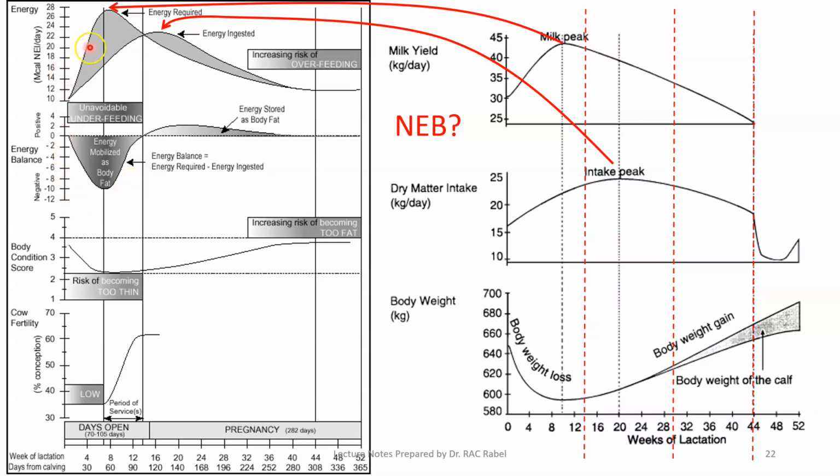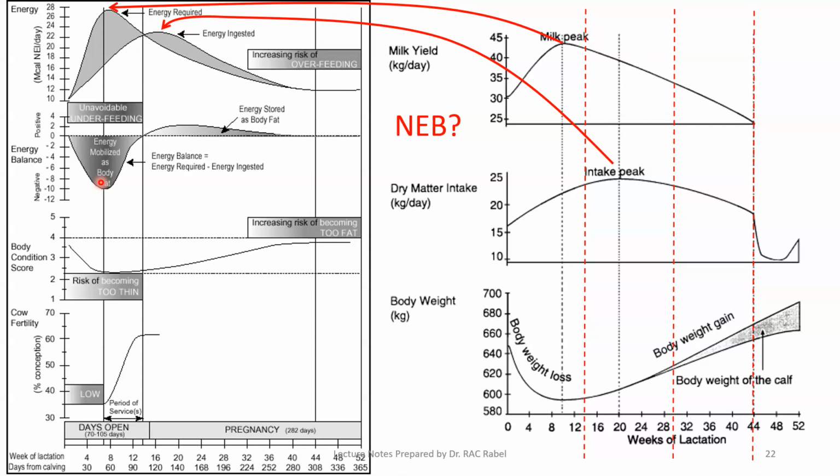So what happens during this phase is, the animal uses energy stored as body fat. The animal mobilizes energy from this body fat and uses that energy to produce milk. But what that does is, mobilizing means body fat storages are broken down and converted to energy and used here, which means body fat levels go down.